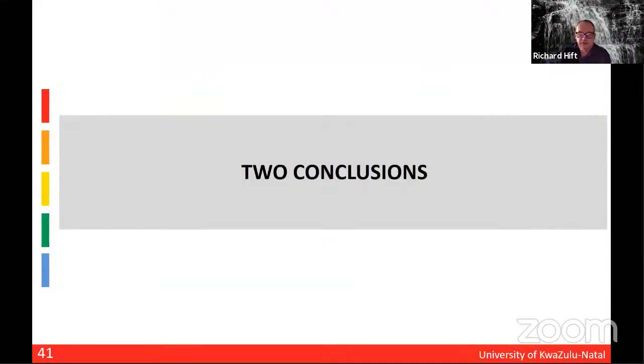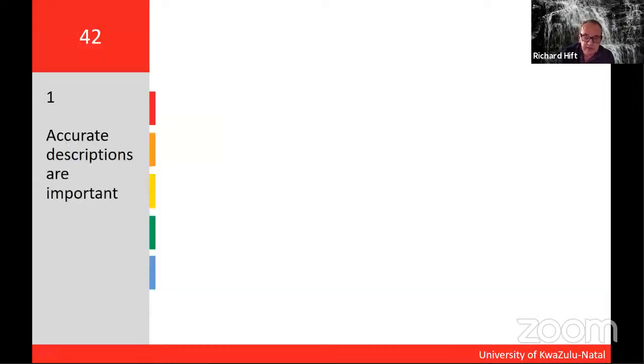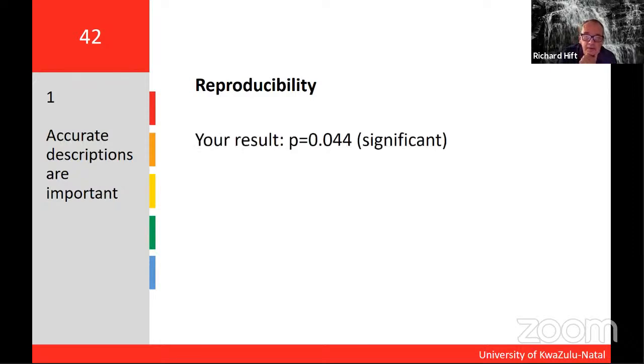Right. Two conclusions, two slides left. One, accurate descriptions of the methods that you used are important. And I used the example. You quote your results. You found p equals 0.044. It's significant. You drew conclusions.